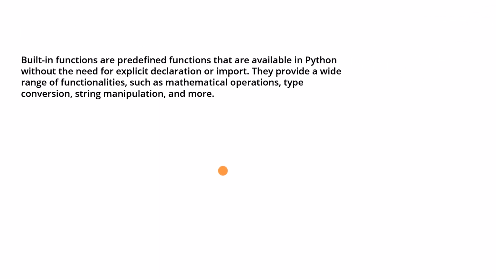Built-in functions in Python are predefined functions that are available in Python without the need for explicitly declaring or importing them. These functions provide a wide range of functionalities such as mathematical operations, type conversion, string manipulation, and many more. So these are the kind of functions that we use to do some mathematical operation like getting the max of a given list of numbers or getting the minimum of the list.